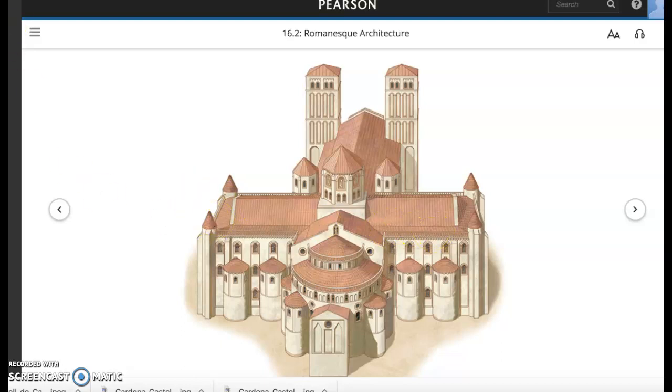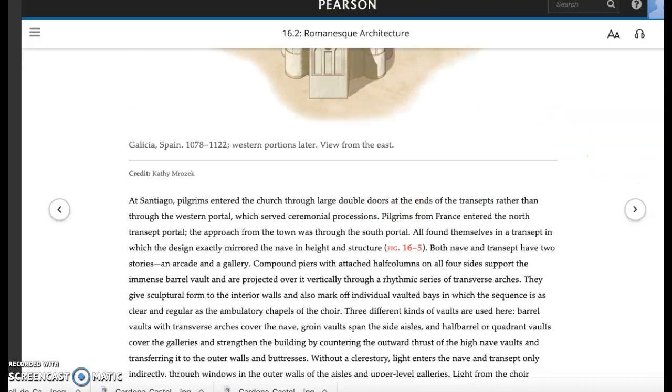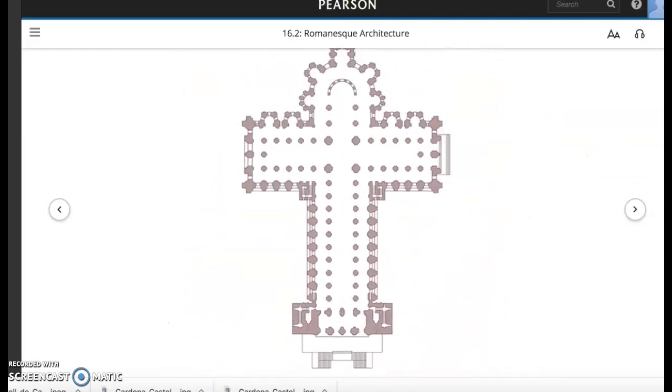As we move on, the textbook authors say, at Santiago, pilgrims enter the church through large double doors at the ends of the transepts rather than through the western portal, which served ceremonial processions. Let's think about that again in relation to the plan.